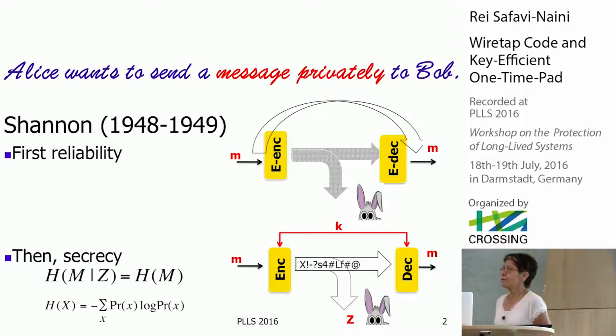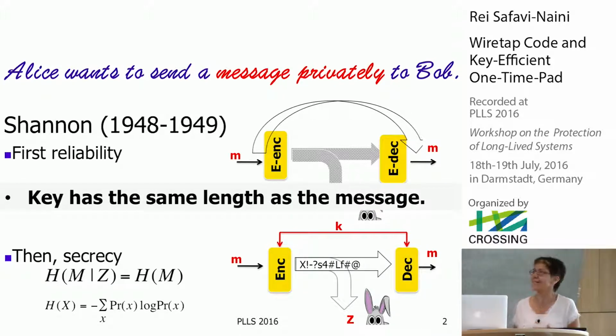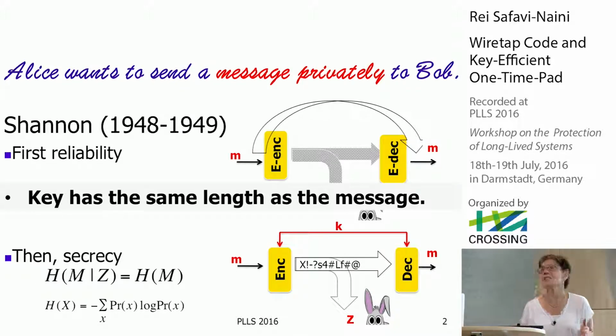We know that one of the biggest challenges of this system is that the key is the same length as the message. So this makes it a very nice formulation and a very nice solution, but in practice it has limited use, because we have this challenge of establishing a long enough secret key.